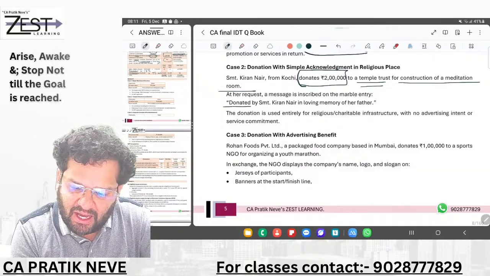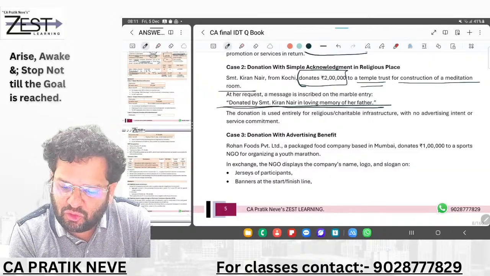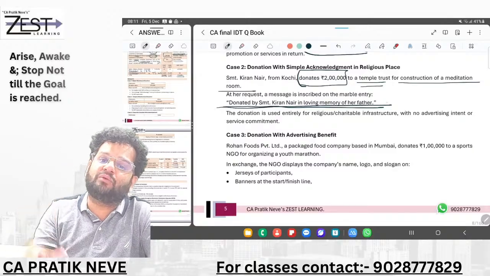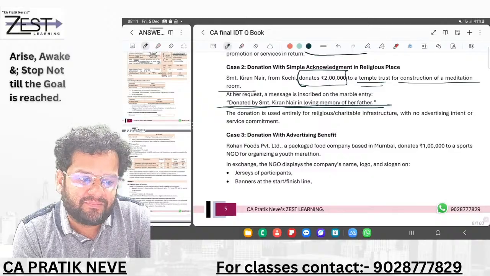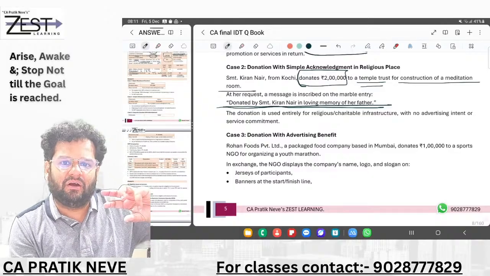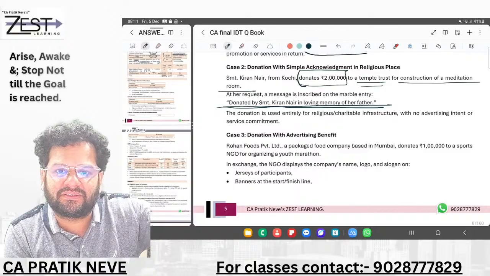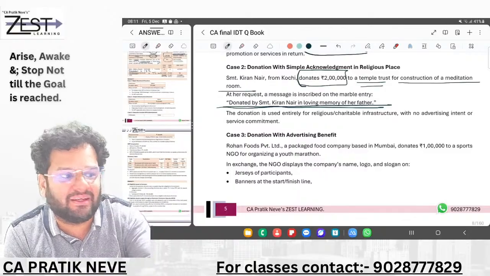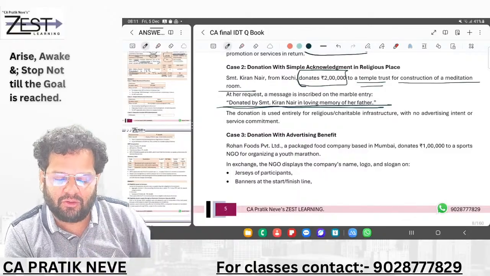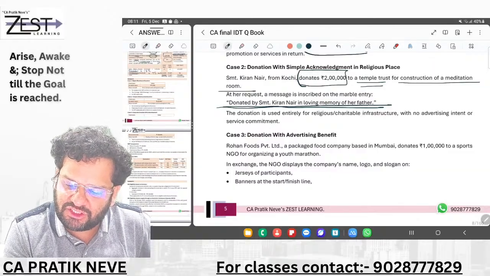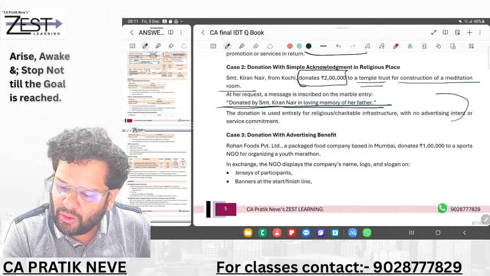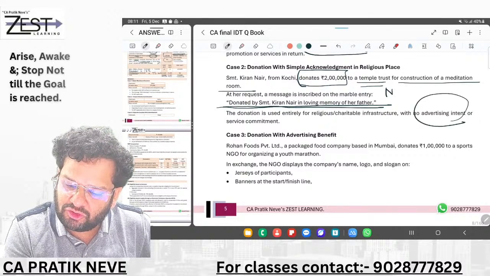Again, in this message there is no obligation of any advertisement. So in short, this lady has given 2 lakh rupees without anything in return. The donation is used entirely for religious charitable infrastructure, no advertising intent. So this is also not a supply.